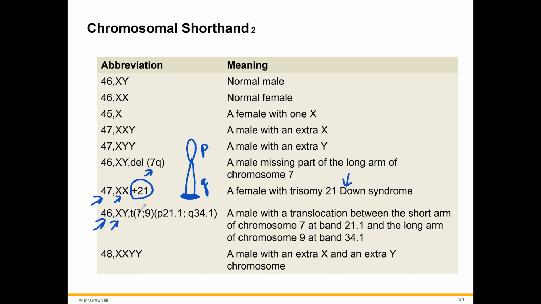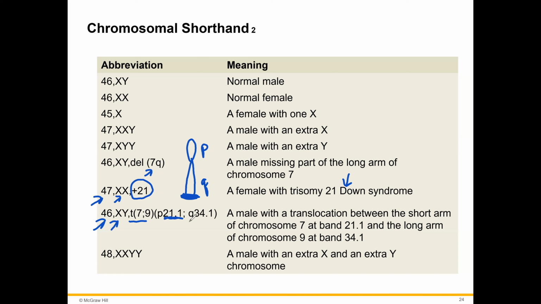Chromosome 7 has a little part of chromosome 9 and chromosome 9 has a little part of chromosome 7. That's what translocation is. But where exactly did this translocation happen? It happened at the short arm of chromosome 7, specifically at band 21.1.